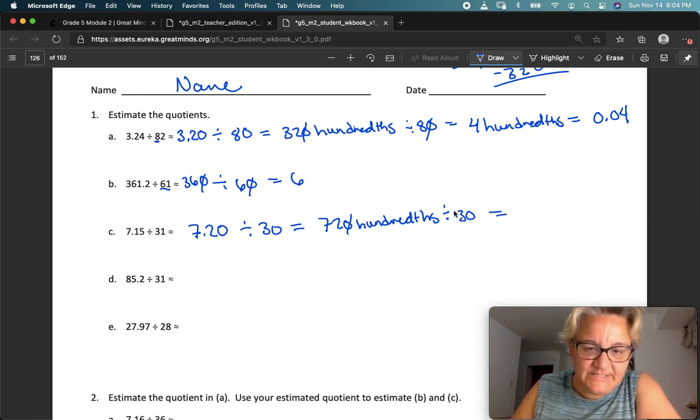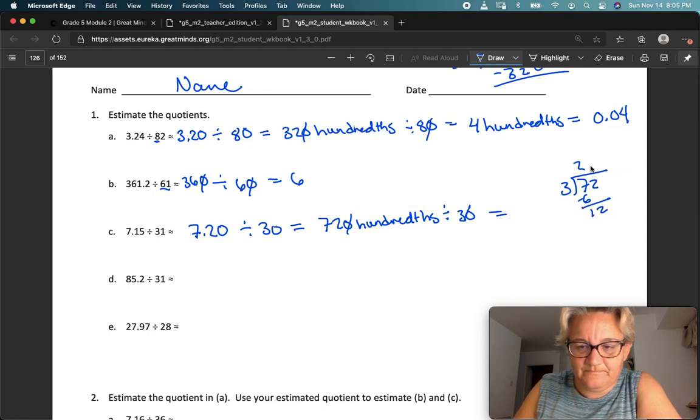I can take this 0 and this 0, and 3 into 72. If you can't do that in your head, you can always just do a little cheat over here. It's 24. So our answer is going to be 24, but what? 24 hundredths.